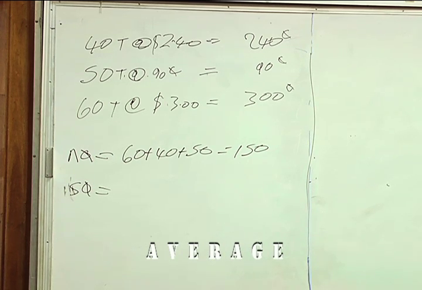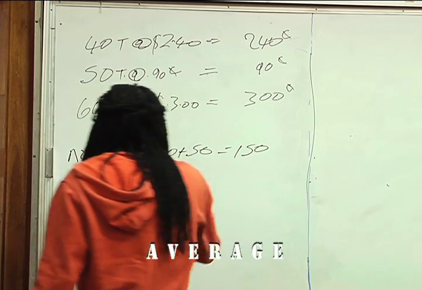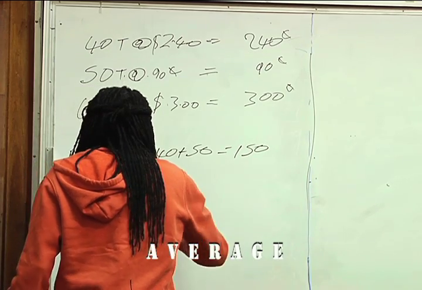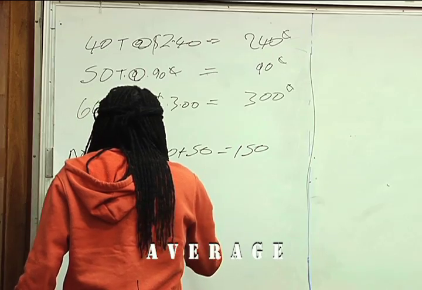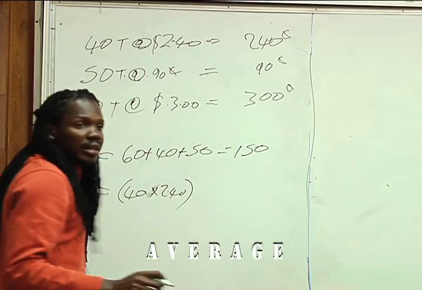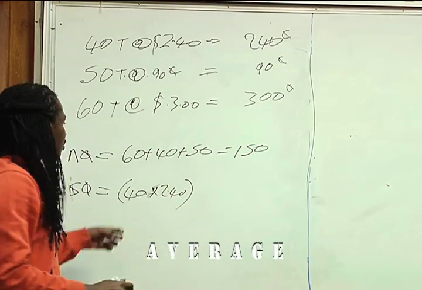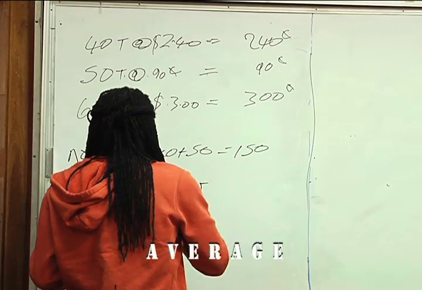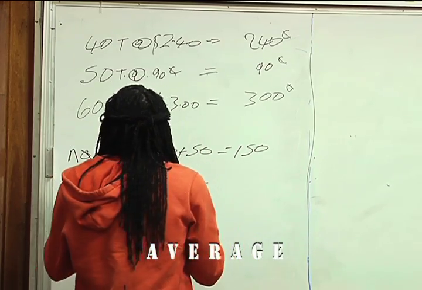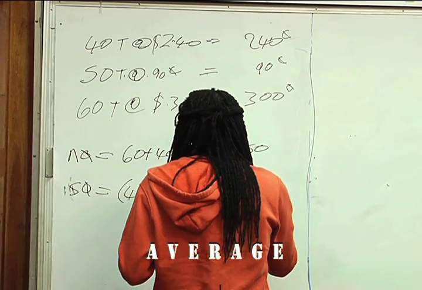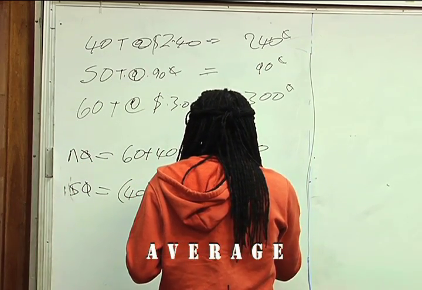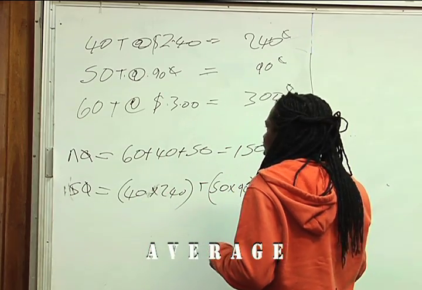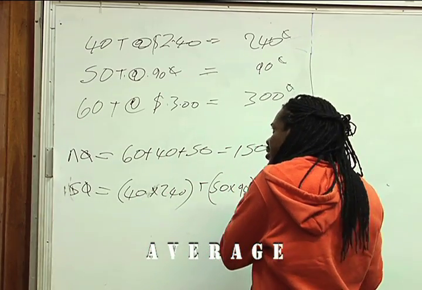So therefore, SQ is going to be equal to 40 times $2.40, plus 50 times 90, plus 60 times 300.